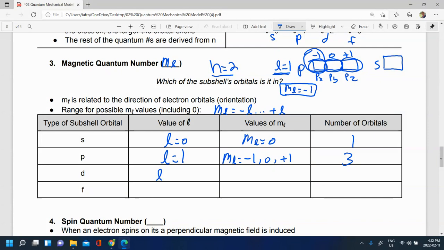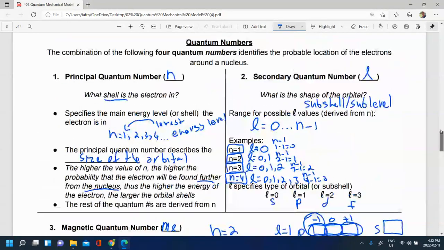Let's try the same thing for the d orbitals now. Remember, d is 2 for l. So the ml is going to be -2, -1, 0, +1, +2. And if you count these, you have 1, 2, 3, 4, 5 orbitals. And if you remember, that is just like what we drew in our first video.